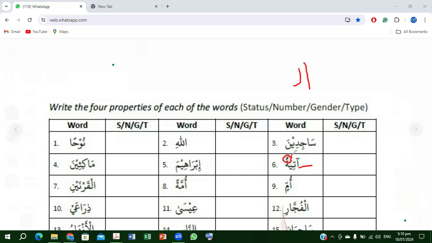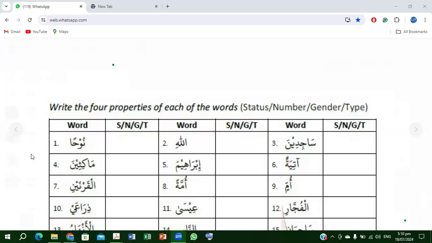Tanween is a sign of common noun mostly, right? Now here also there was a tanween. Tanween matlab double haraka. There was a double fatha here. Why was it not a common noun? Because it's a personal name. It's a personal name, right? Even if a personal name has a double haraka, tanween, it will be proper noun. Other than that, atiyatun, it's not a personal name, right? So then if it has a double haraka, it will be common noun. Okay, Nur Fatma? Okay. Barakallahu fiki.